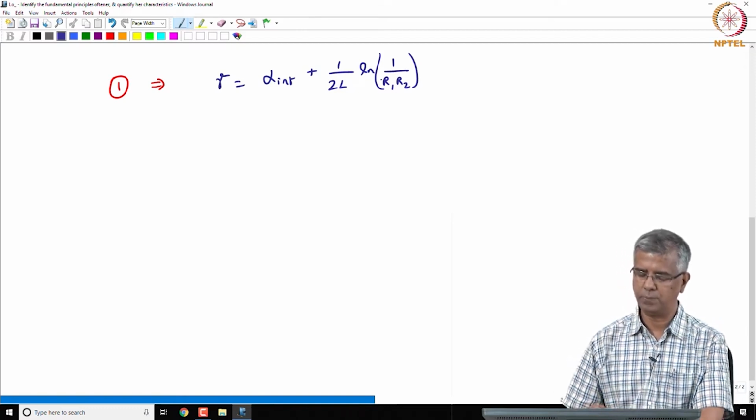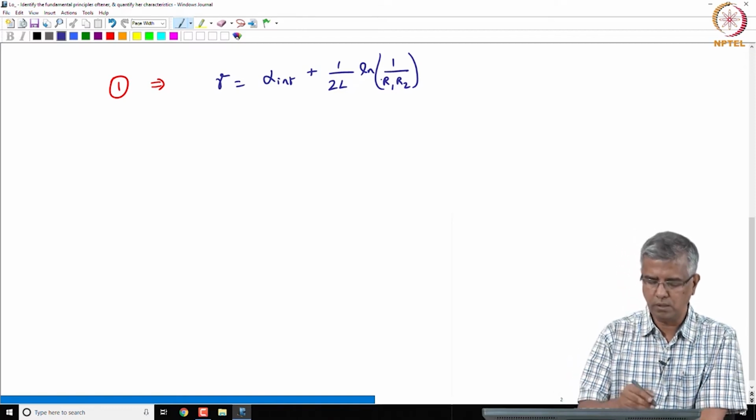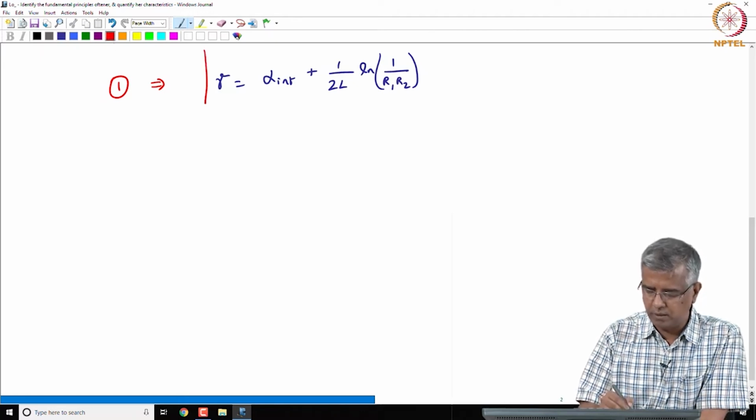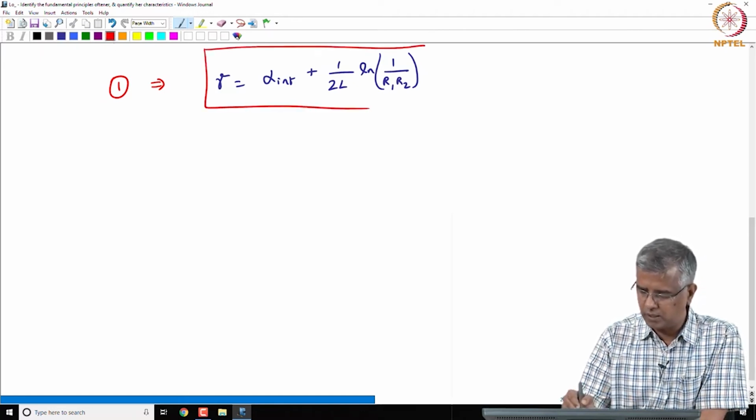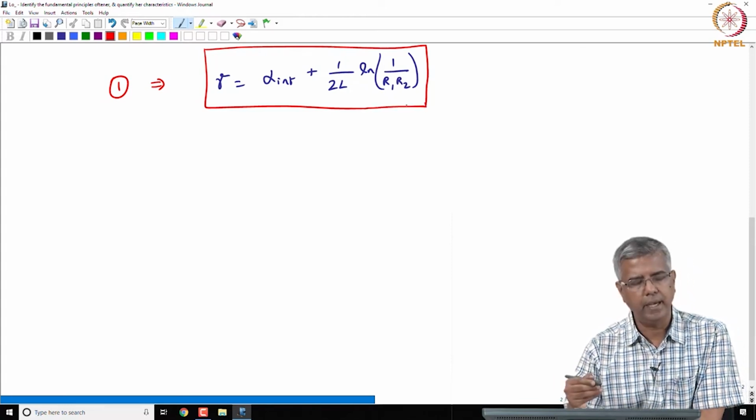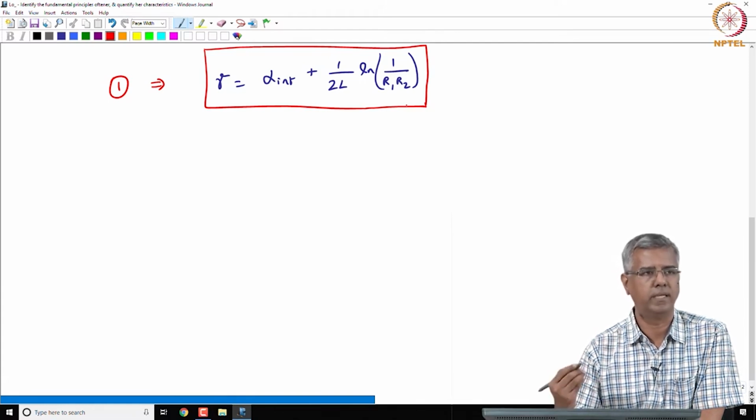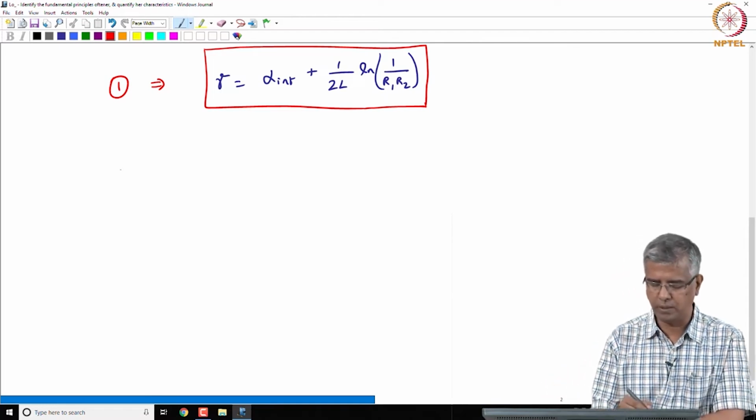So, this is one important condition that needs to be satisfied. Essentially, we are saying that the gain in the cavity has to be sufficient to overcome the losses in the cavity, and that is when you get laser oscillation.